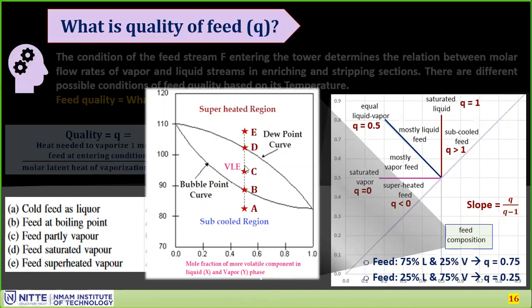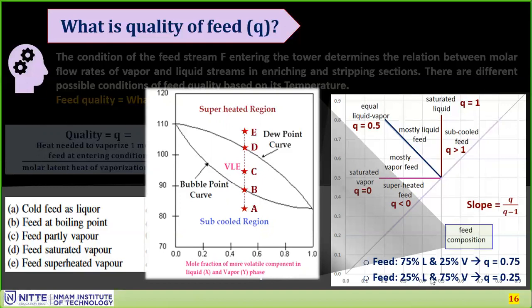As you move up, as the vapor increases and liquid decreases, q goes on decreasing. So q is proportional to the liquid quantity in this vapor-liquid equilibrium. For example, if the feed contains 75% liquid and 25% vapor, q is equal to 0.75.